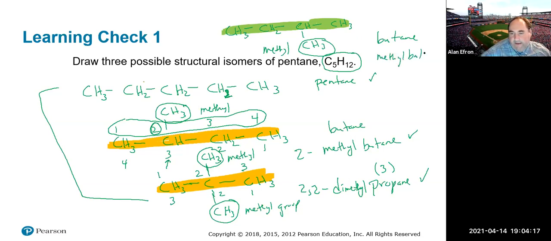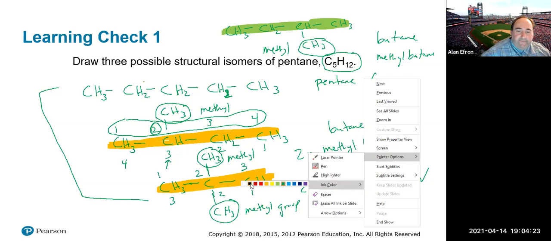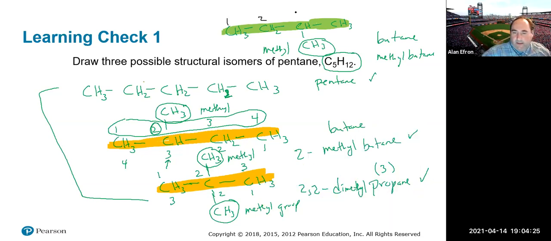Where is that group really attached? Again, when we number the chain, there's 2 ways you could do it, left to right, 1, 2, 3, 4, or right to left, 1, 2, 3, 4. The smallest number would be 2 in this case for this group. 3 would be going the other way. That means this is 2-methylbutane.